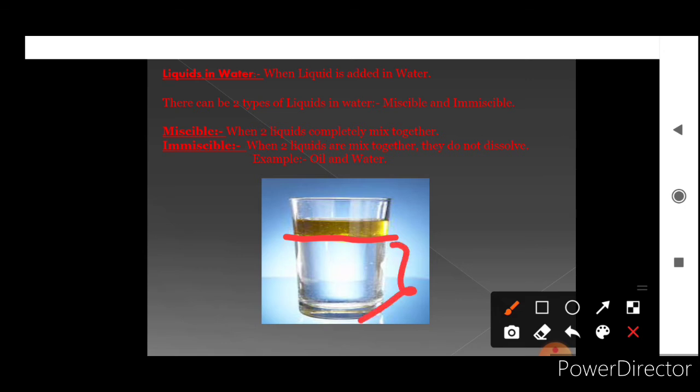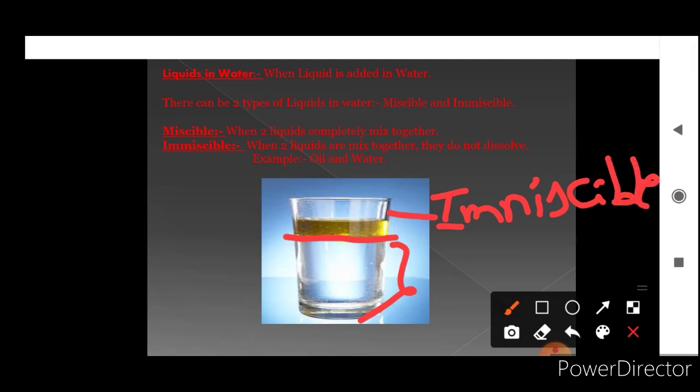Wherever two liquids do not mix with each other, these solutions are called immiscible liquids, which will not mix with each other.